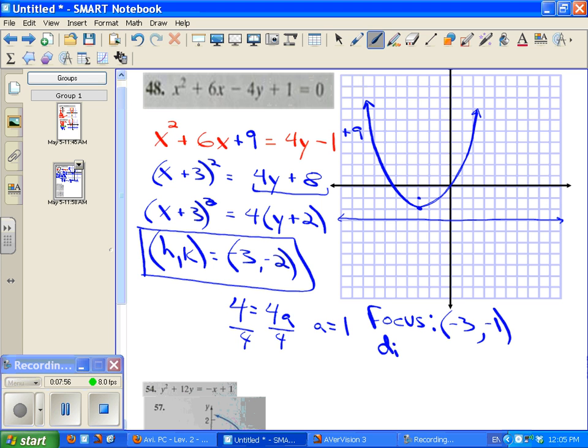So my directrix is going to be y equals negative 3. Where'd you find the focus? The focus, because we knew that a had to be one space, and since it was positive, it had to be one space up from my vertex. So everything basically revolved around the vertex and getting it in the right place.